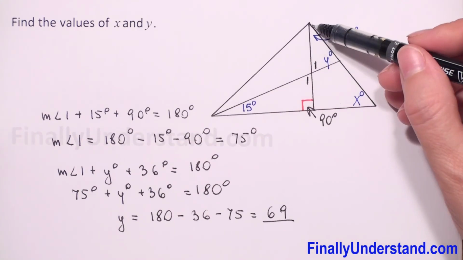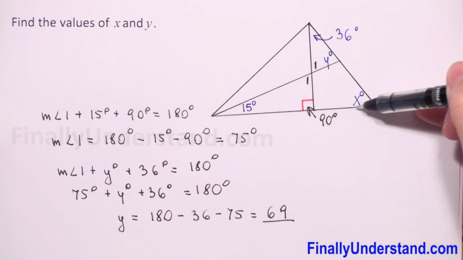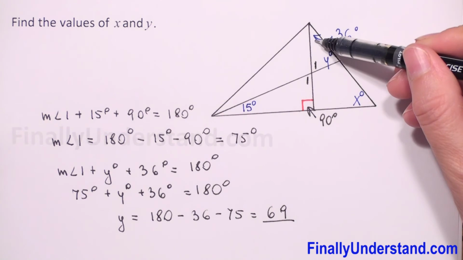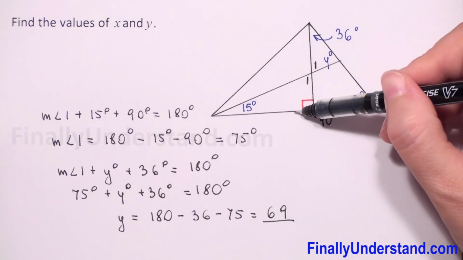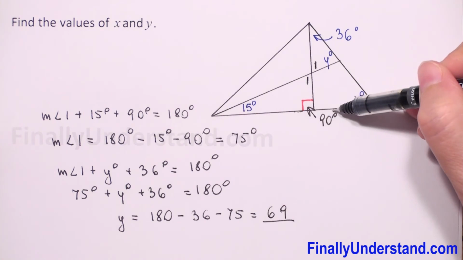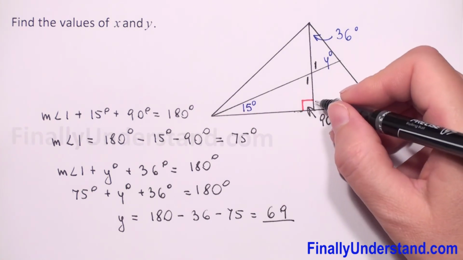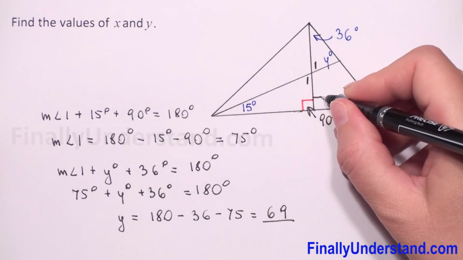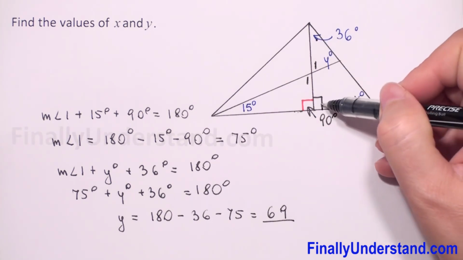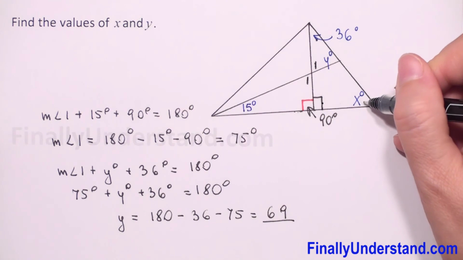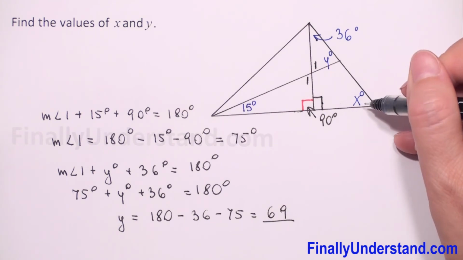Now let's look at this triangle. We have this angle because here we have 90 degrees and here we have a straight angle. So on the other side we have 90 degrees too. So we have this angle and that angle. We have to find this.